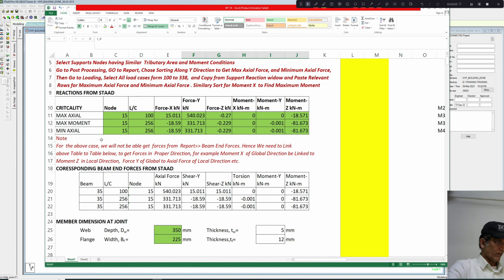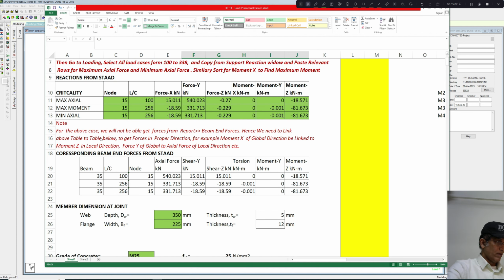Now I have further added one more thing so that the major direction moment is captured, because STAAD will give maximum moment either about X direction or Z direction depending upon the orientation of the structural model.